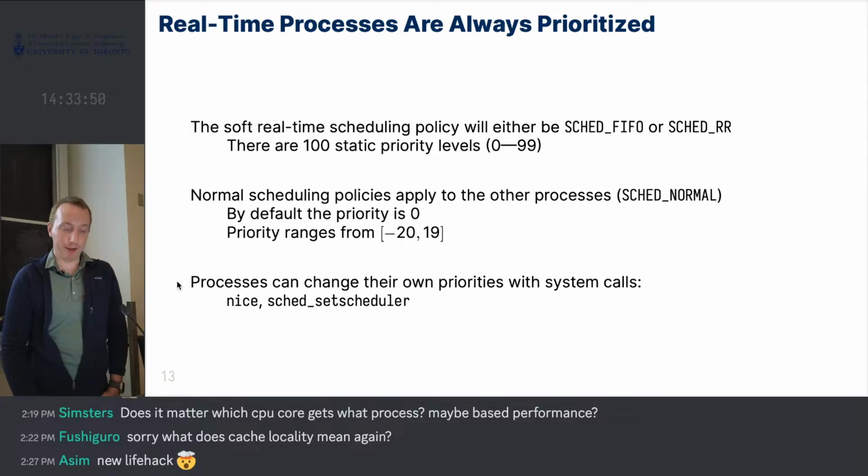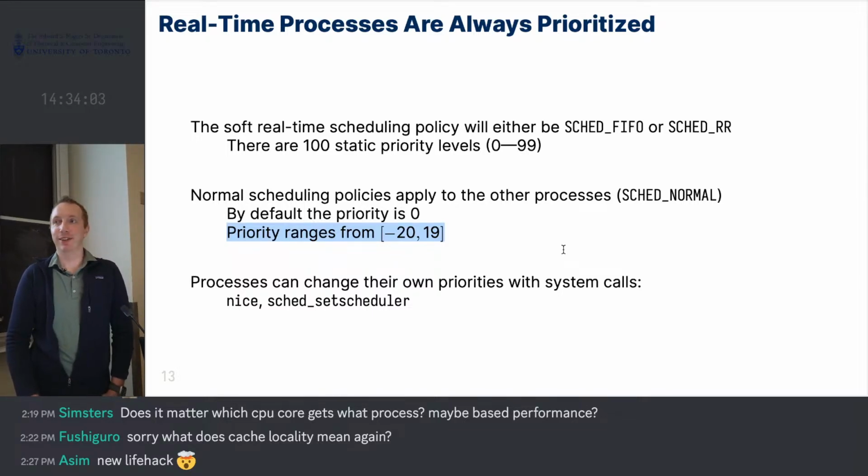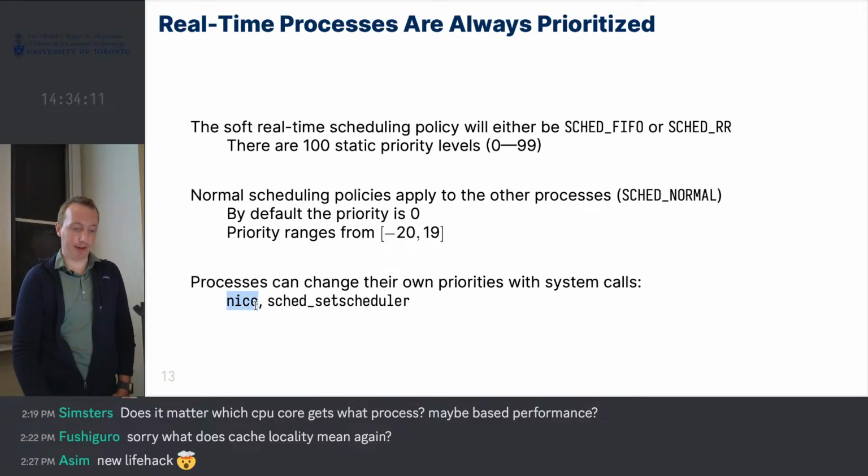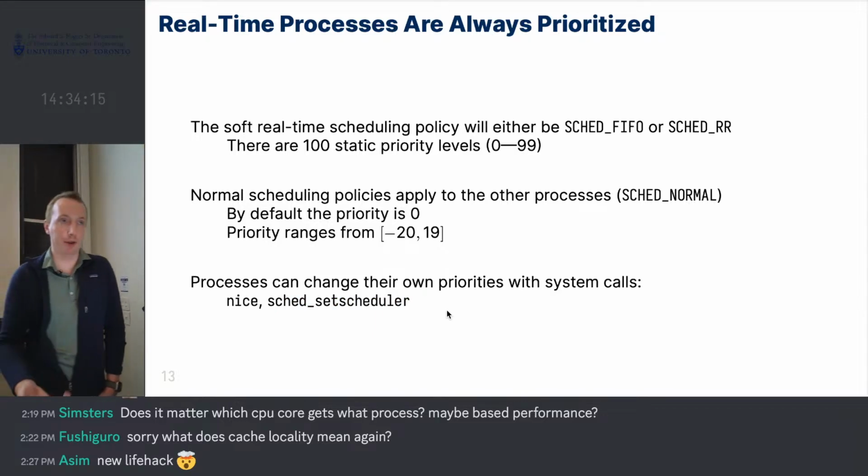Your processes can also change their own priorities with system calls. There's this nice system call. This priority range for normal processes is actually called niceness. That's kind of why lower niceness is higher priority, because you're meaner, I guess. So nice can set your priority, and you can also use sched_setscheduler if you want to change your scheduler.